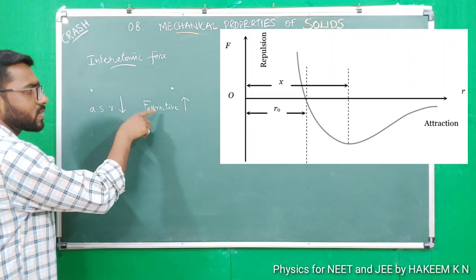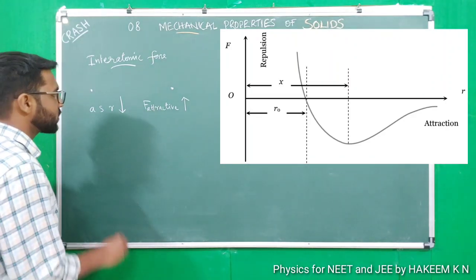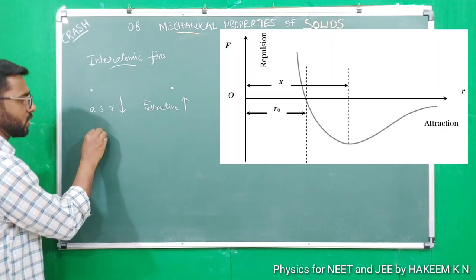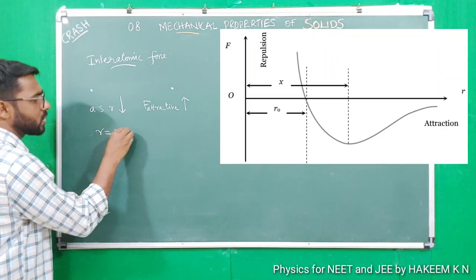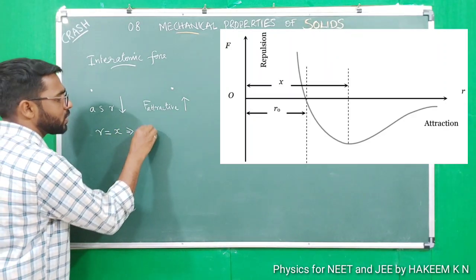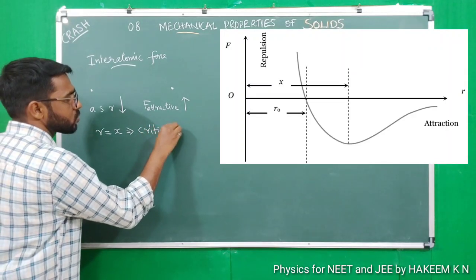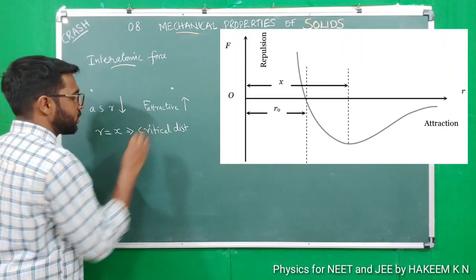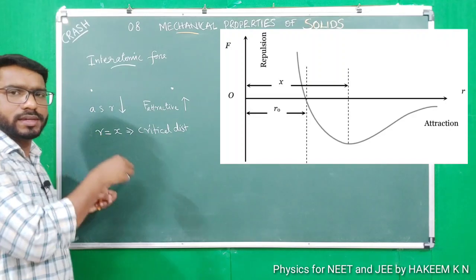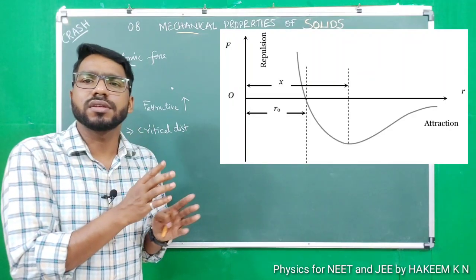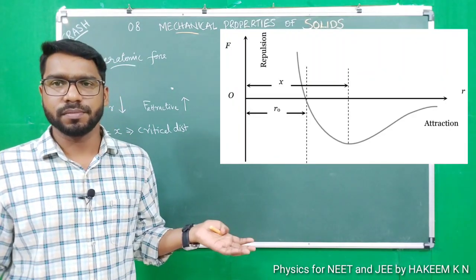As distance decreases, attractive force increases, and at a particular distance, called the critical distance x, the attractive force becomes maximum.